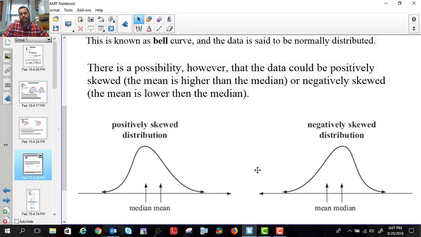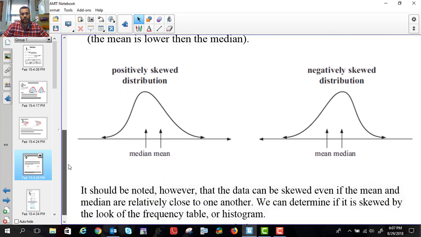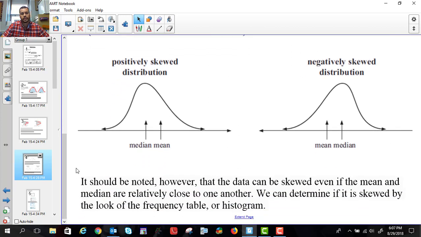So there's more of a curve on this side than the other side, and so you can get positively skewed or negatively skewed data. And you're not necessarily going to see it visually. You can often, but even if the mean and median are really close to each other, you can have positive or negative skew, just slight.